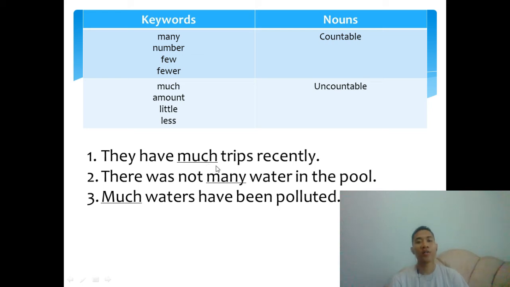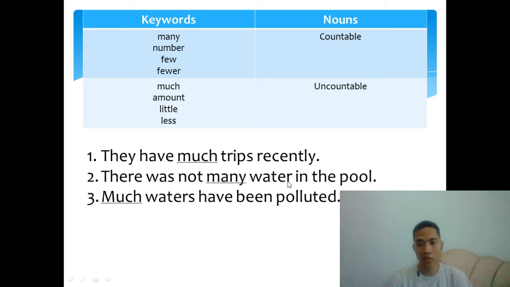Okay. How about number 2? There was not many water in the pool. What is the problem? Is the problem with many or with water? The problem is with many because many is underlined. Water is no problem because water is not underlined.